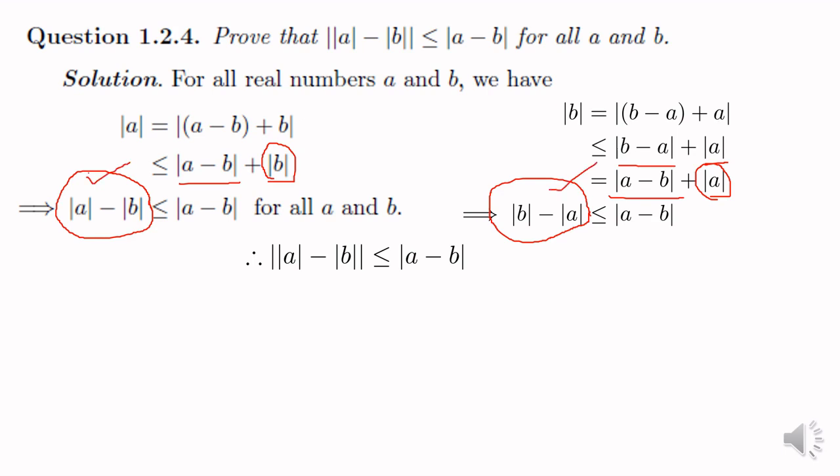If this is negative, then this will be positive. So from both you can write that modulus of mod A minus mod B is less than or equal to modulus of A minus B. We shall now move on to the next question.